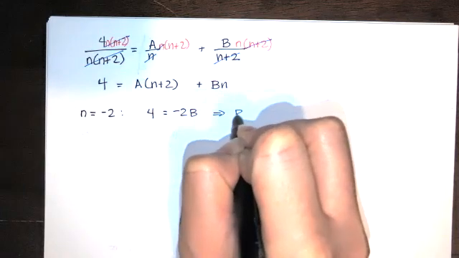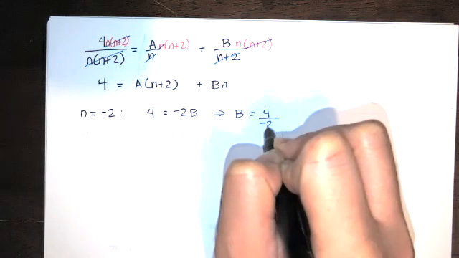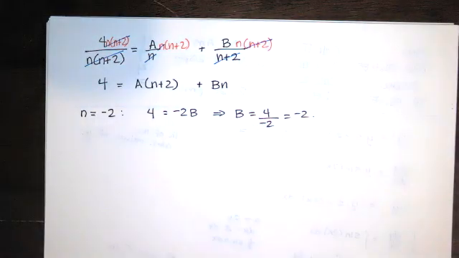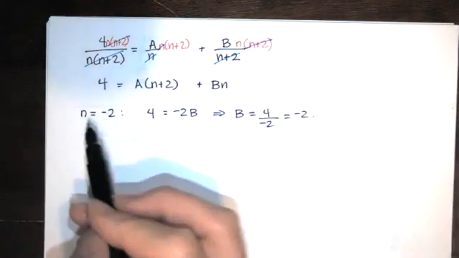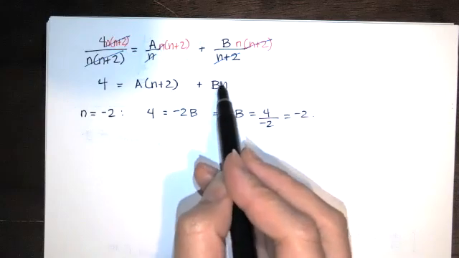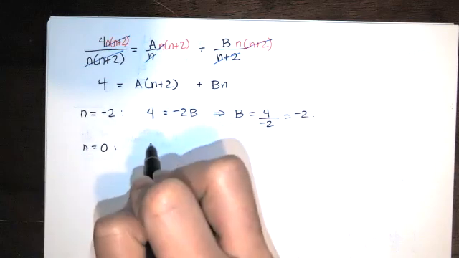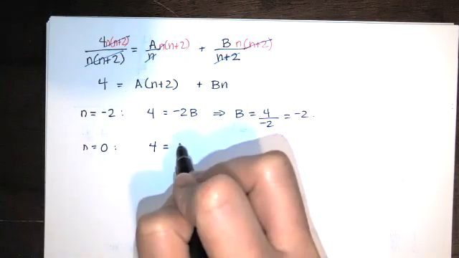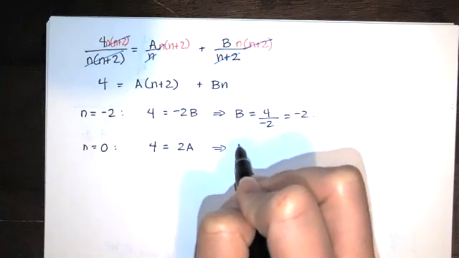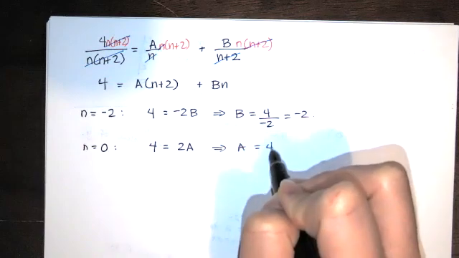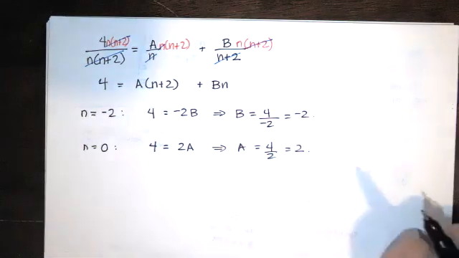And then if we divide both sides by -2, we get b equals -2. And then to make this 0, obviously n would be 0. So if n is 0, we have 4 equals 2 times a. So a is equal to 4 divided by 2, and 4 divided by 2 is 2.